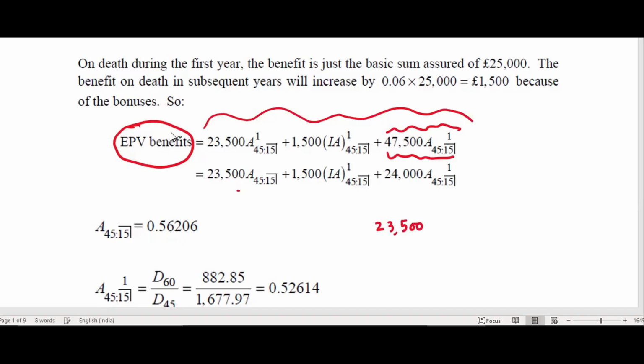23,500, this one we have 45, plus, you divide this one into two parts. This I've written, this one you divide into two parts. 23,500 plus another 23, sorry, 23 you subtract, 23 means you will get 24, right? 24,000.